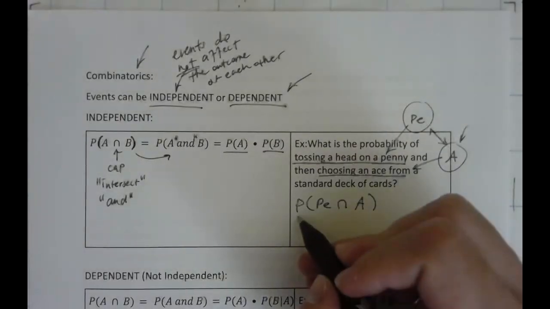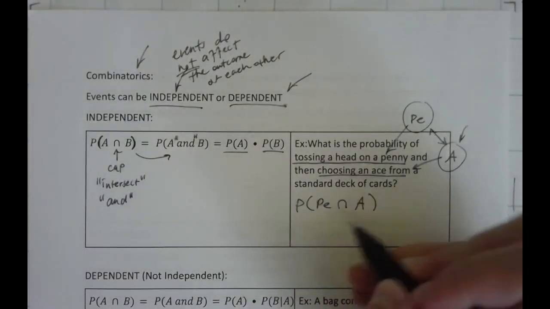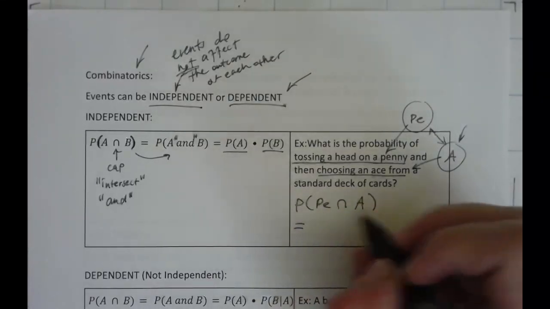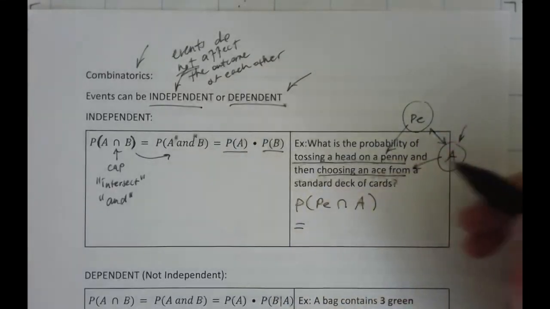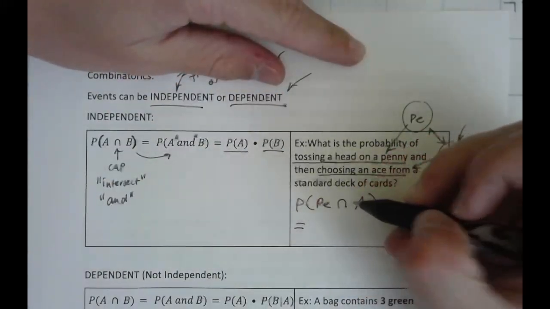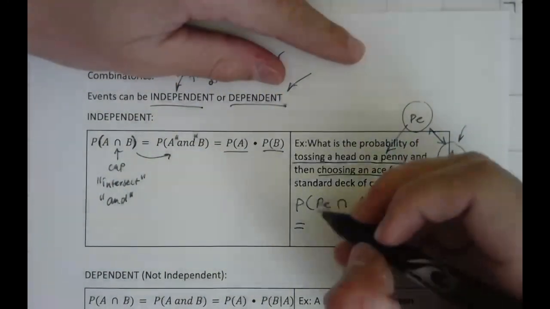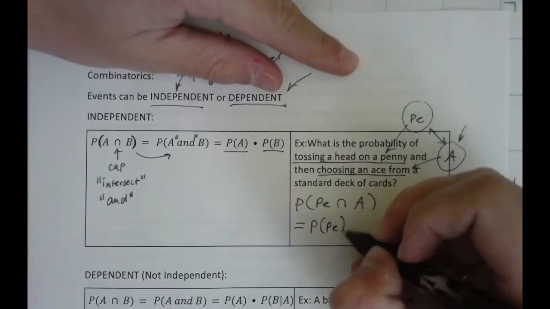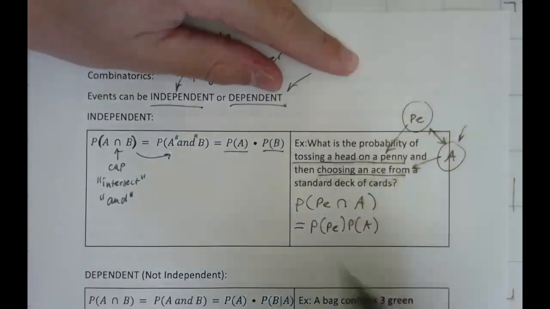This says probability you flip a head and you get an ace. Well, that must be equal to, now, I don't know the probability that they happen at the same time. But I do know that these events don't affect each other, so you can multiply them by independence.